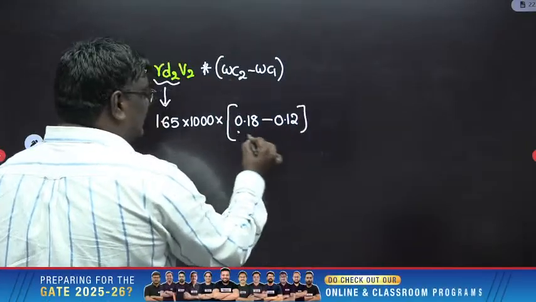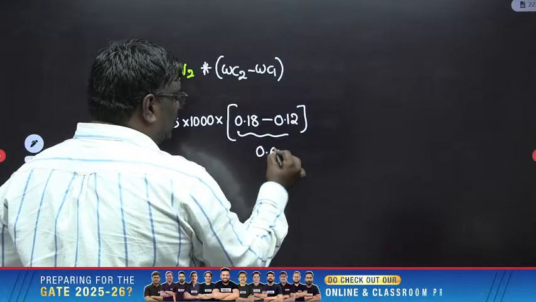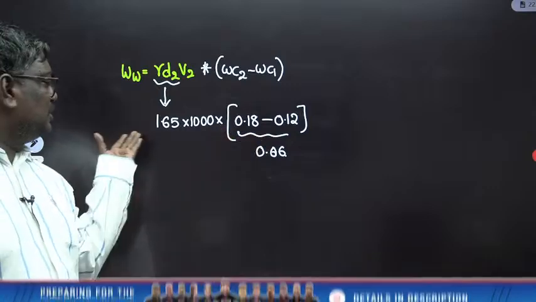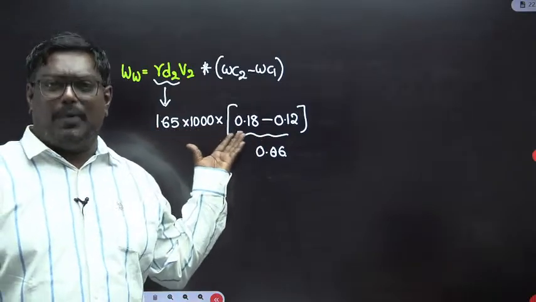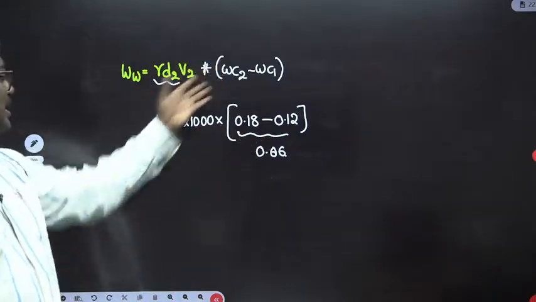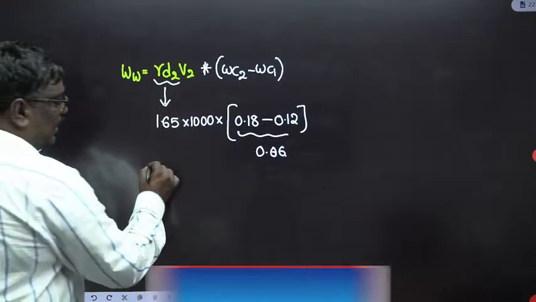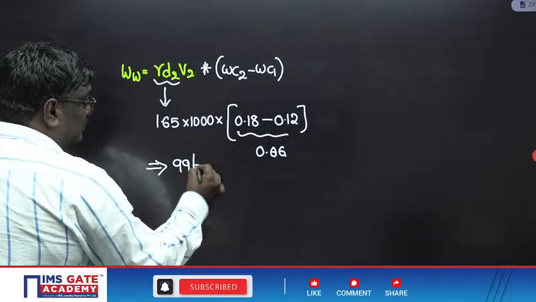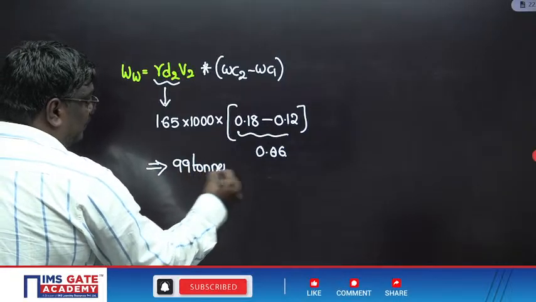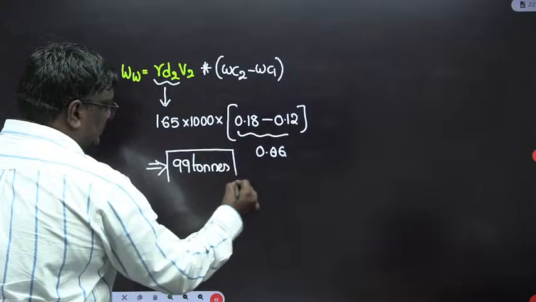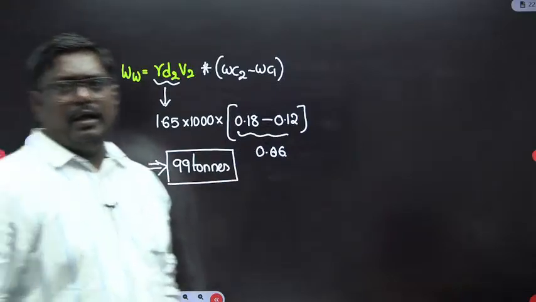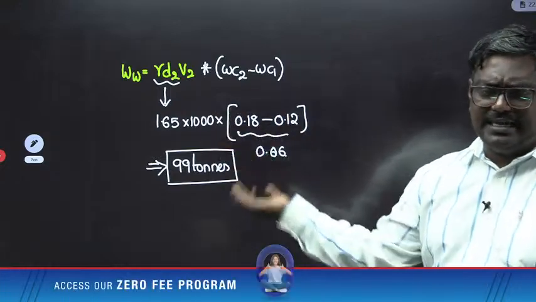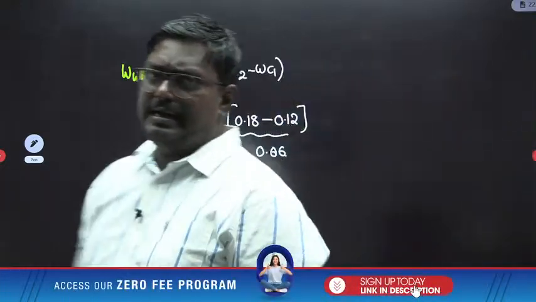So this value is 0.06. 6 into 1.65, and if you solve this, you will get a value of 99 tons, my dear students. 16.5 into 6. Am I clear, my dear students? 16.5 into 6 is 99 tons.